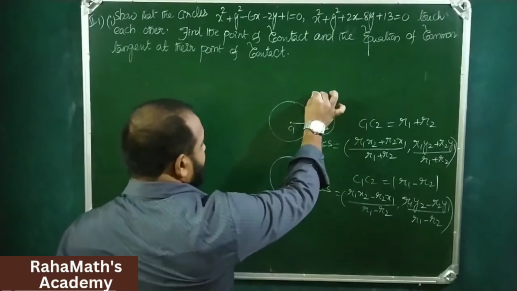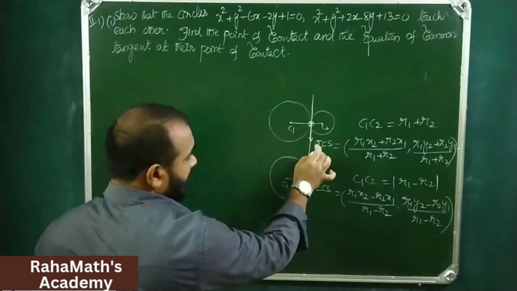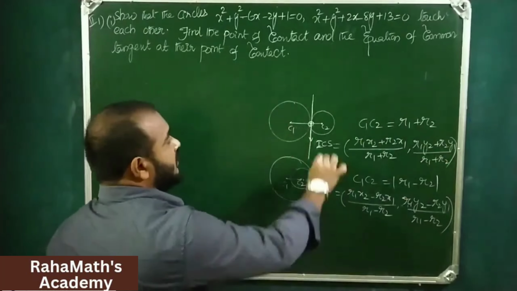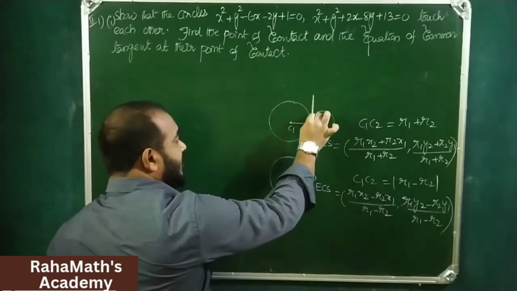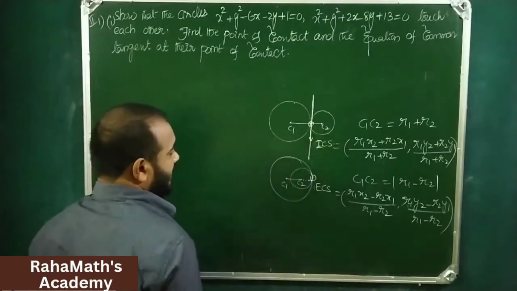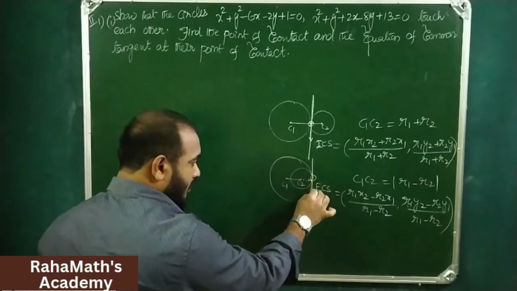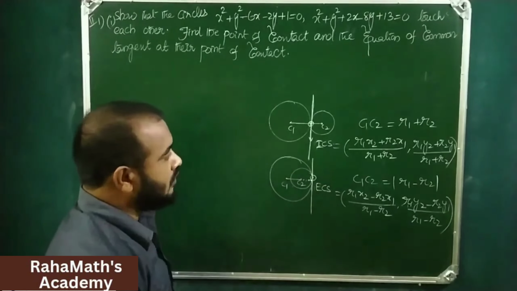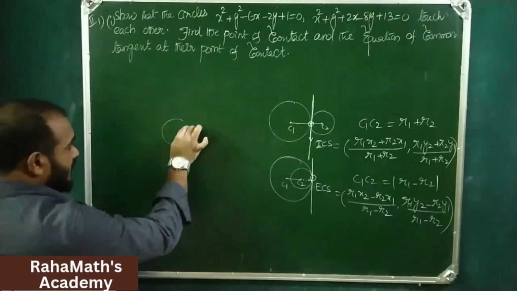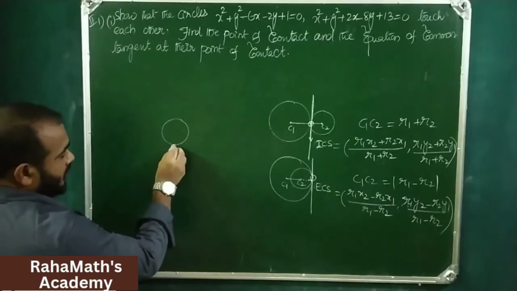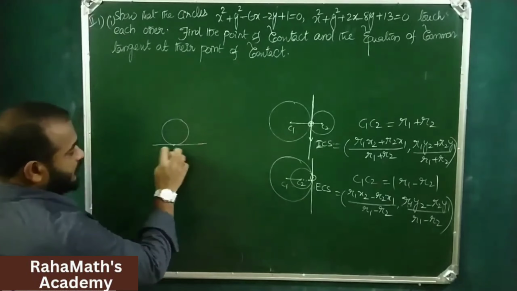So if it satisfies C1C2 equal to R1 plus R2, he is asking us to find the equation of this common tangent. Otherwise, if it satisfies this, then this is the common tangent he is asking. How? We have already discussed it. So this is the circle and this is the point. So this is the equation of the tangent.